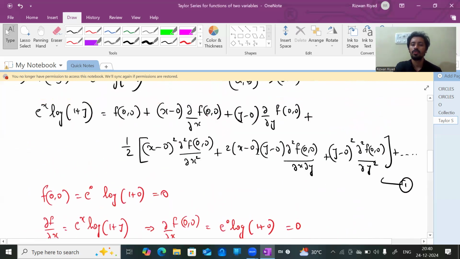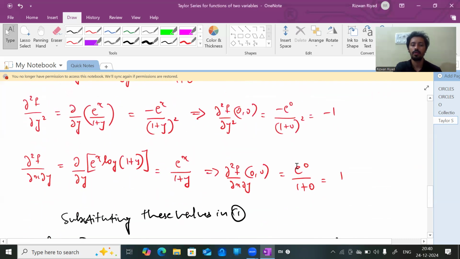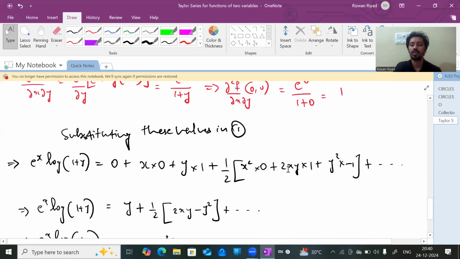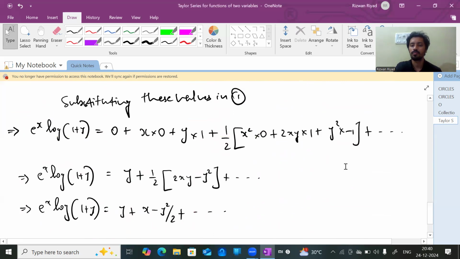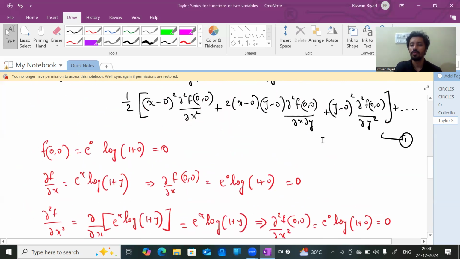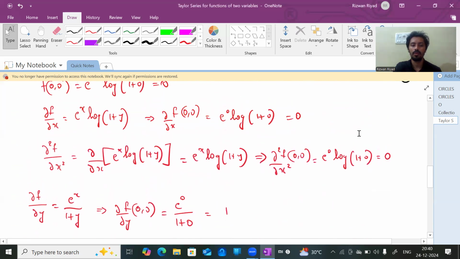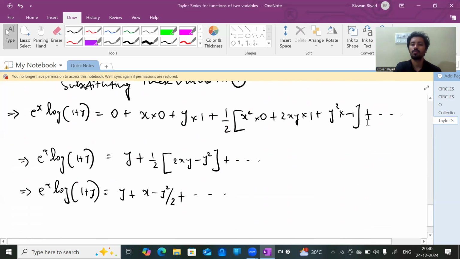Plus 2(x−0)(y−0) becomes 2xy, and ∂²f/∂x∂y at (0, 0) we got, that is also 1. So this becomes 2xy into 1. Plus (y−0)² becomes y² only, into ∂²f/∂y² at (0, 0), that value also we know, that is −1. So that −1 you can put here.